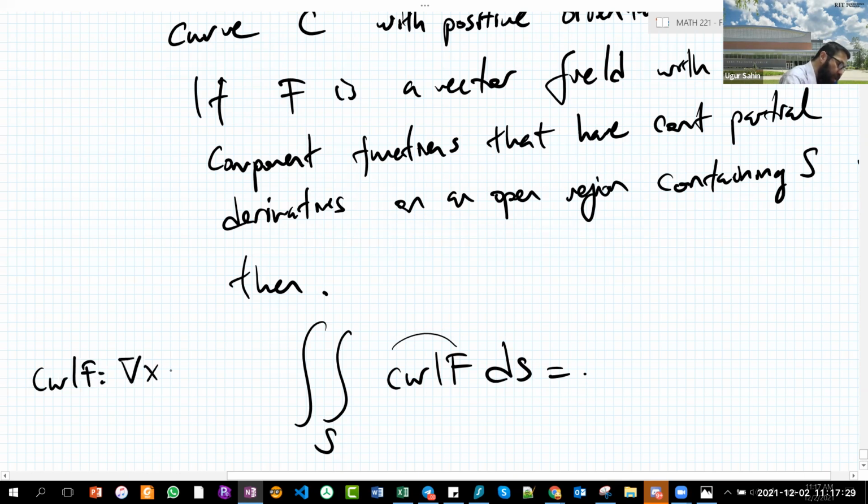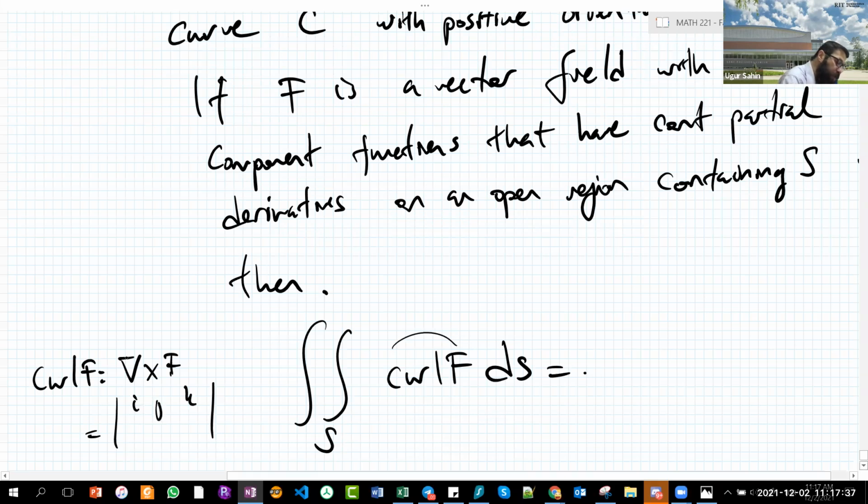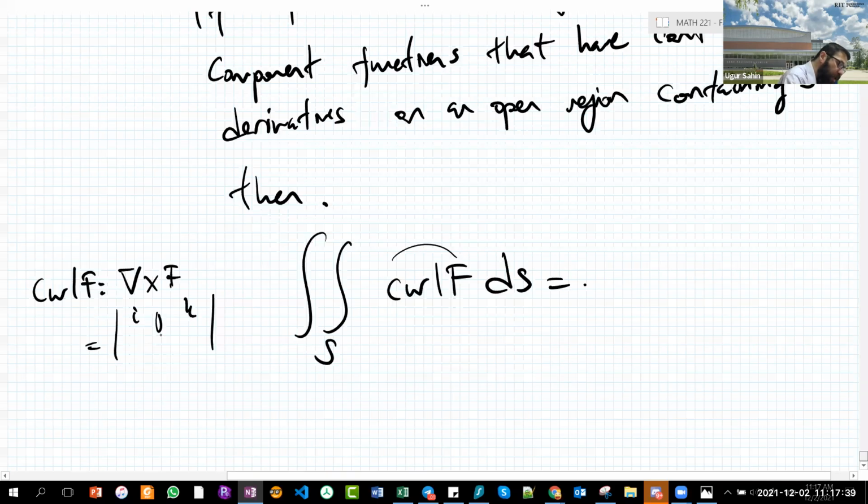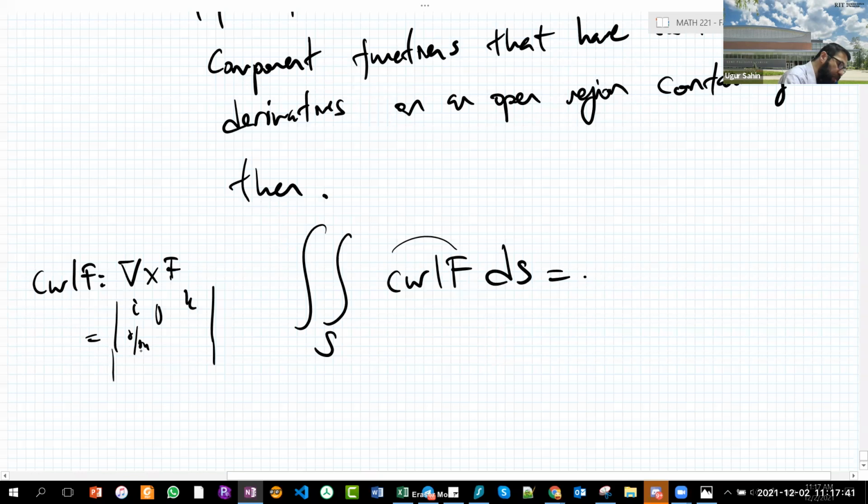That was the cross product of this gradient by the vector field, with i, j, k, and then partial derivatives with respect to x, y, and z. And then these are the components of your vector field, P, Q, R functions, right? That is how you can calculate curl F. It is another vector field, actually.